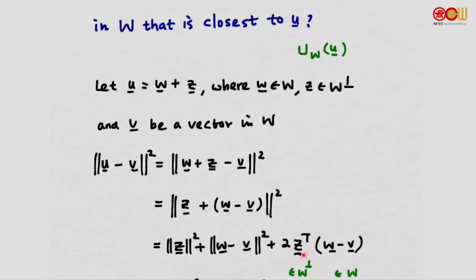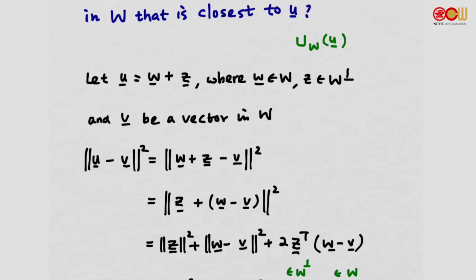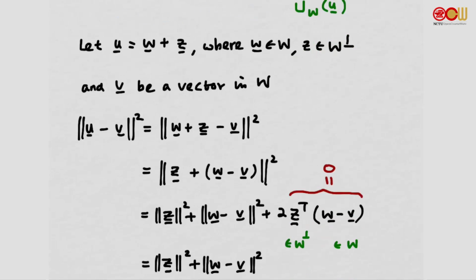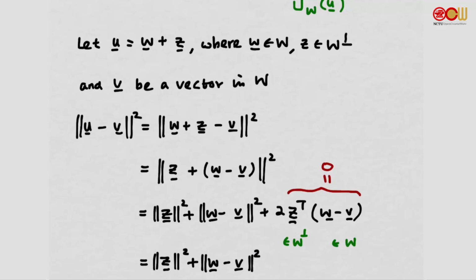So what do we have? This dot product would be 0. So the distance squared will be the norm squared of z plus the distance between w and v squared.